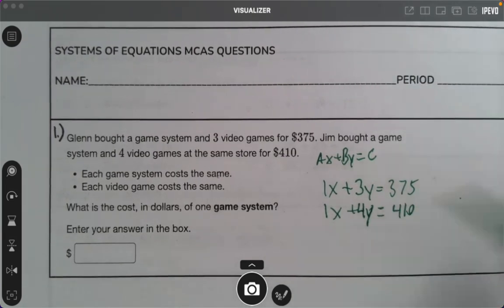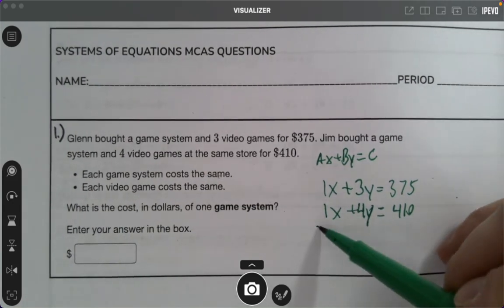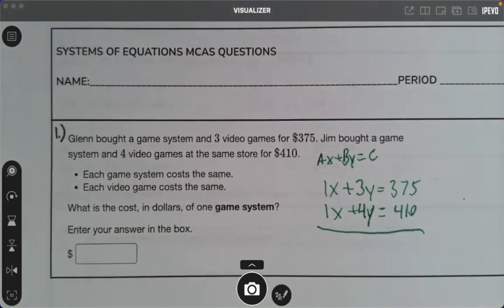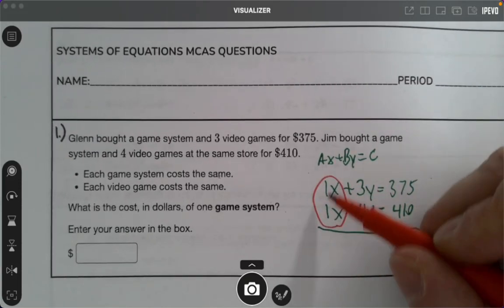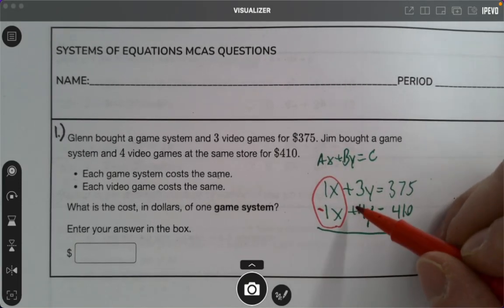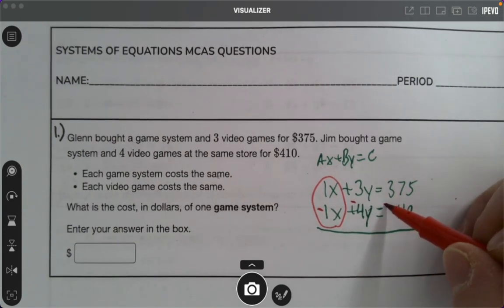So now I have my system, and just like we've been doing in class, this is elimination. So I'm going to put my line across, and I have the solution done for you. One thing you'll notice is that these don't eliminate right away. You want these to eliminate, but this has to be negative. So just like we did in class, we're going to make everything the opposite symbol, like that.